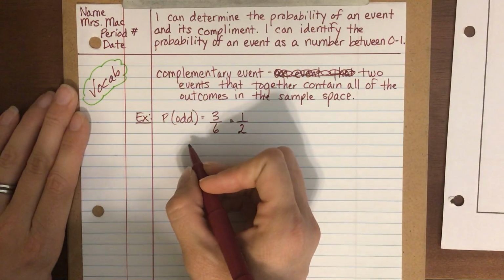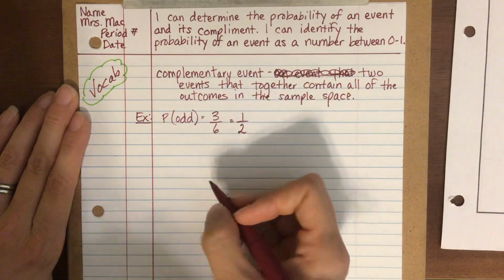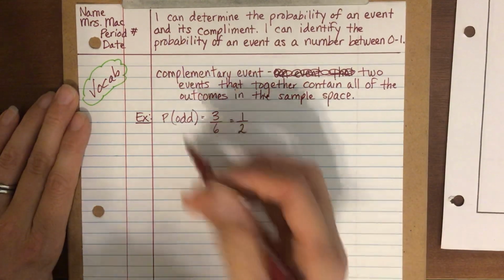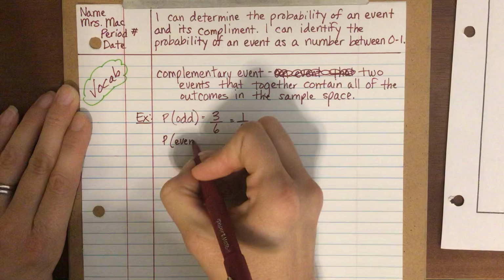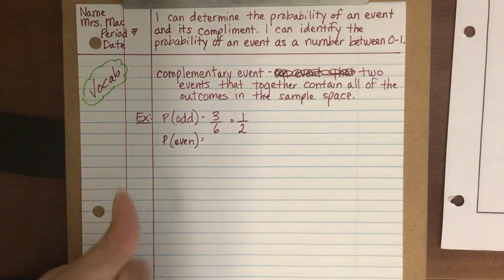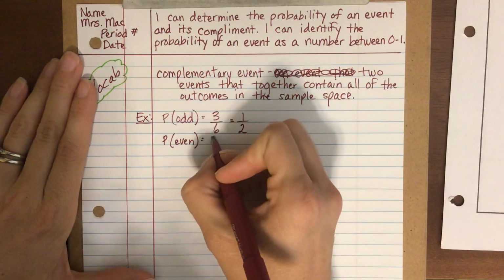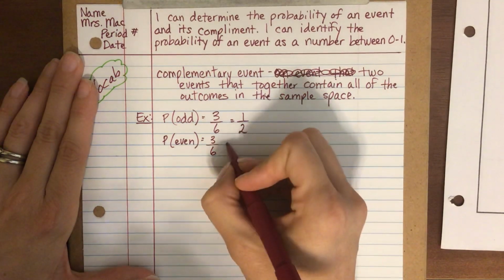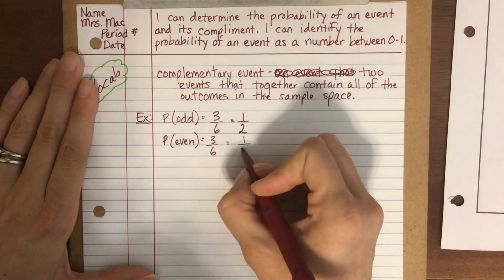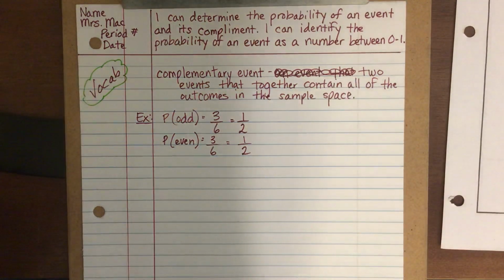Now, the complementary event to this event would be all the other outcomes. So for a number cube, that would be all the even numbers. So 2, 4, and 6. That's 3 outcomes out of 6 possible outcomes. And when we reduce that, we get 1/2, okay?